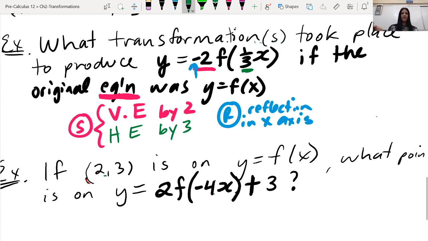That's how I know that. And then there is no plus anything at the end or minus anything, so there's no translation. So I'm just going to put an x there, or I guess maybe over top, because that's all there is.